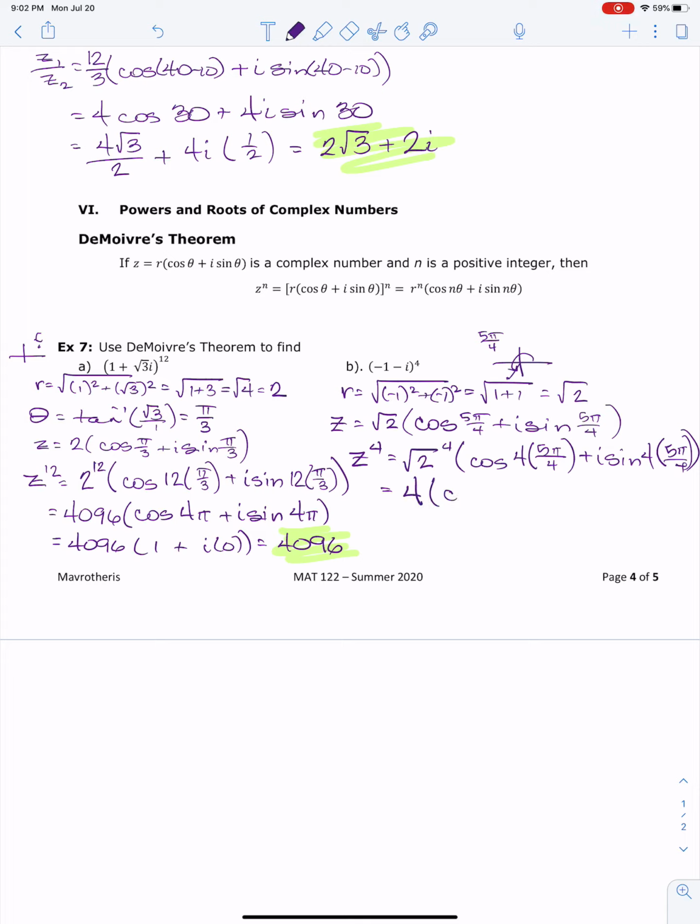Cosine of 5 pi plus i sine of 5 pi. 5 pi is coterminal with pi. I get 4 times negative 1 plus 4 times i times 0, and we get negative 4.